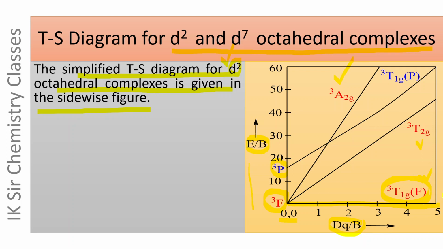Its energy does not increase with increase in the value of dq by B. The excited state triplet P does not split up in octahedral crystal field. However, it transforms into triplet T1GP.